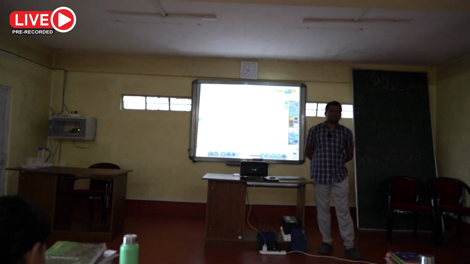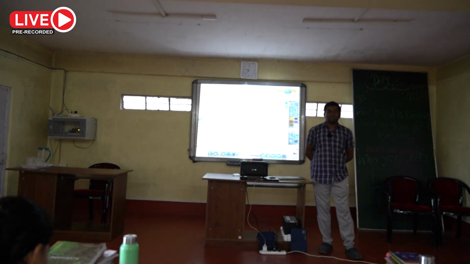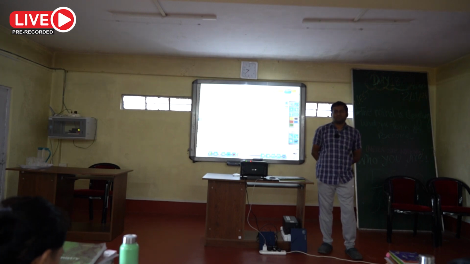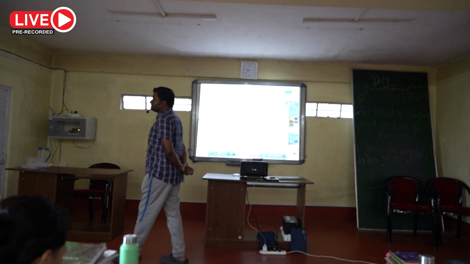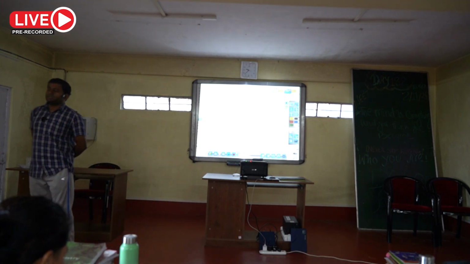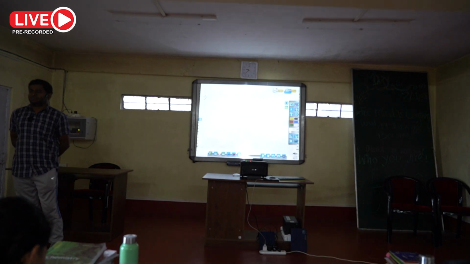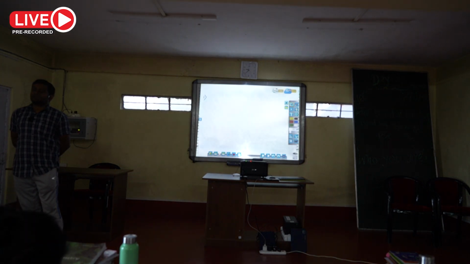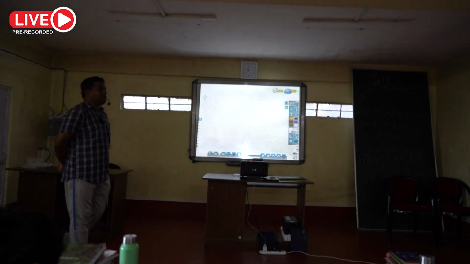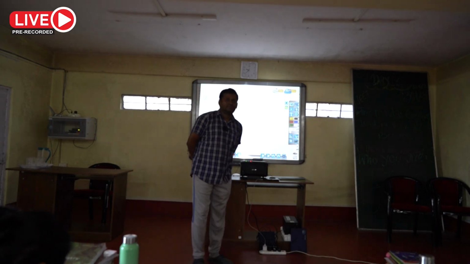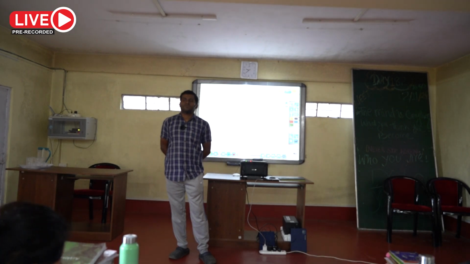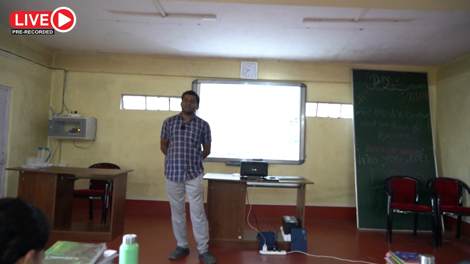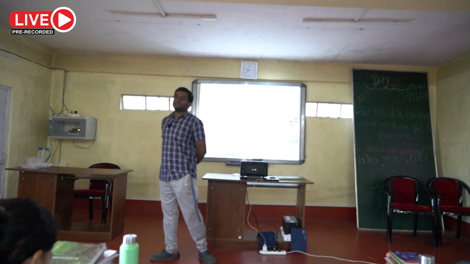A particle is thrown upward with a velocity 20 meter per second from the top of a tower of height 50 meter above the ground.